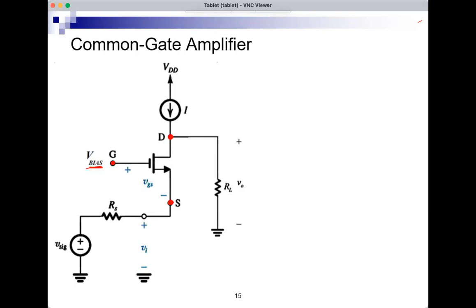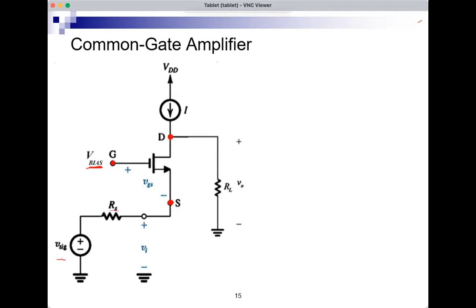So that's my signal source here, VSIG, RSIG, or just RS. The input is here at the source. So VI is between S and ground. And the output is at the drain. Of course, the MOSFET should be biased in the saturation region, should be ready to amplify.